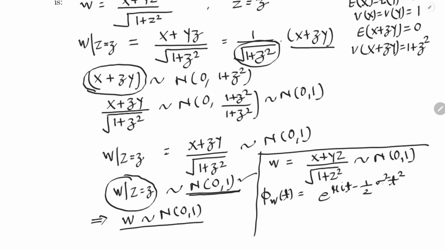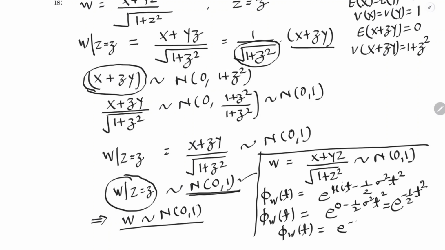On the place of sigma we have 1, and on the place of mu we have 0. We can substitute the values of mu and sigma, and the characteristic function of W will be equal to e to the power 0 minus half t squared, which is equal to e to the power minus half t squared. So the characteristic function is e to the power minus half t squared.